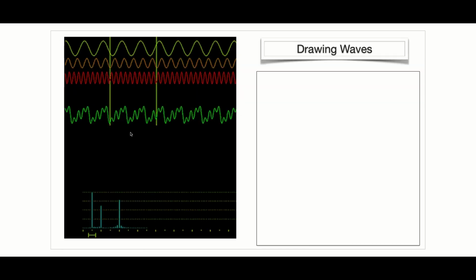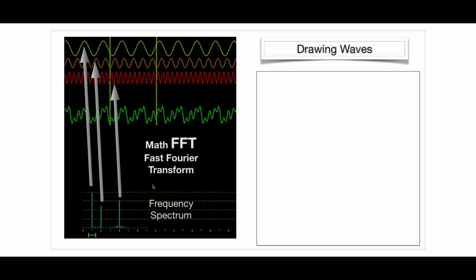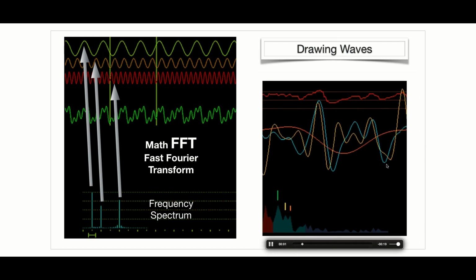Yeah. In fact, you saw before that we can create this green wave from 3 different waves, and then we get peaks. But it's also possible to do it the other way, with a mathematical Fourier transform, and redraw the waves which are inside the complex wave. That's what we have done with the app.